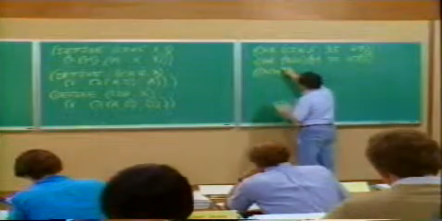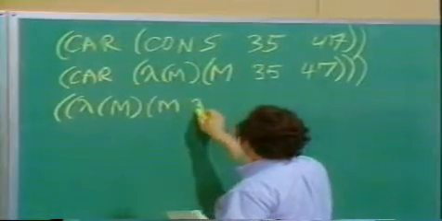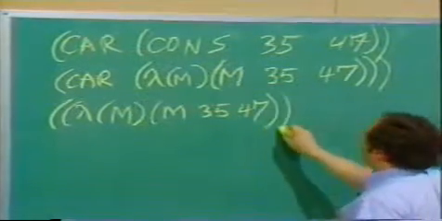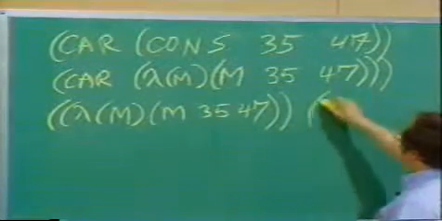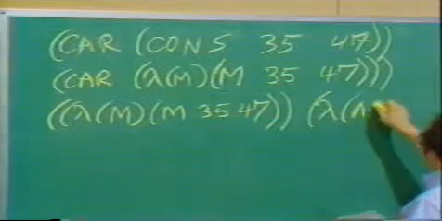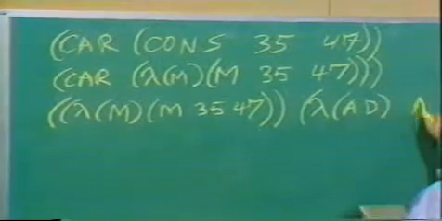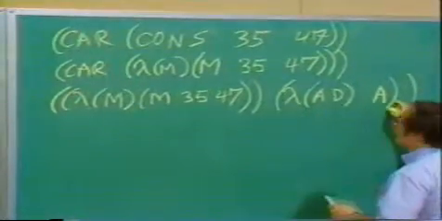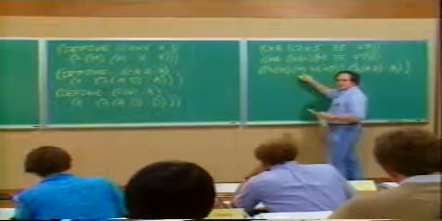Lambda of m of 35 and 47, okay, applied to that procedure of A and D, which gives me A. Oh, but that's the result of substituting this for m here.